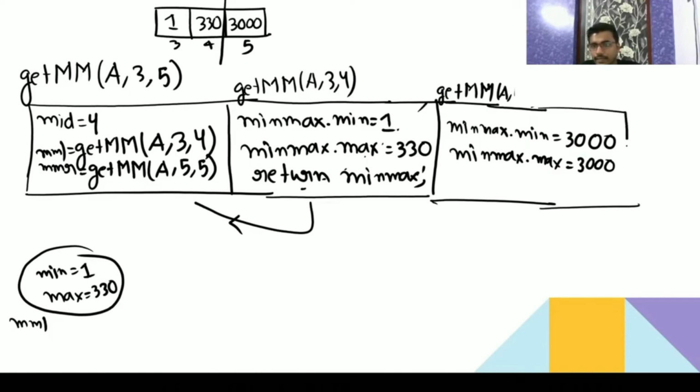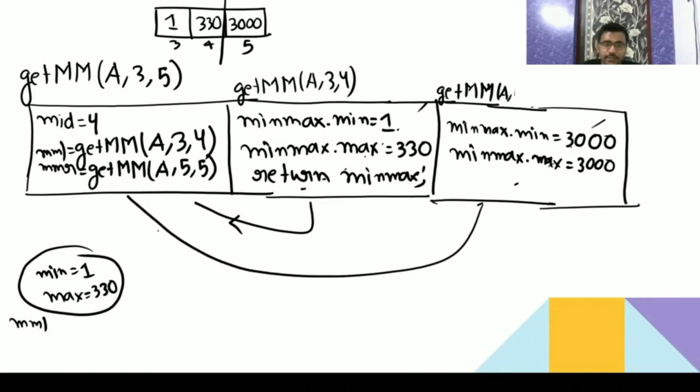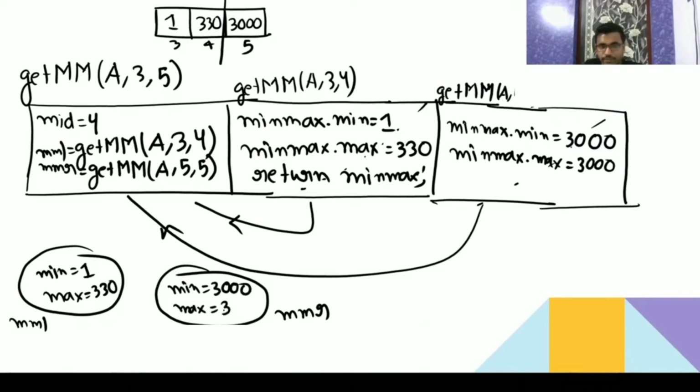Okay, then it will return that min max. So mmr is going to have min equal to 3000 and max equal to 3000.